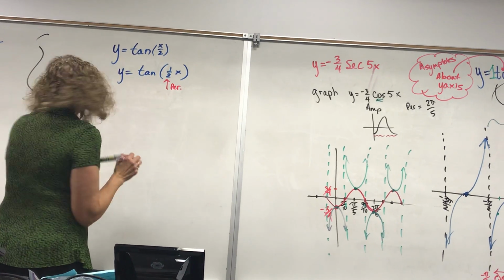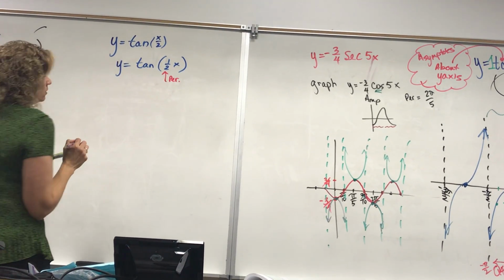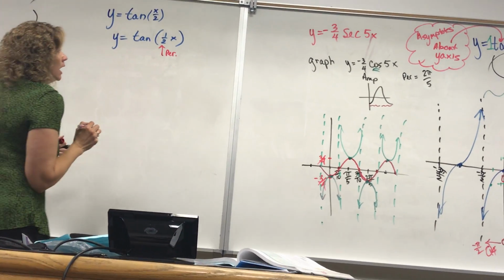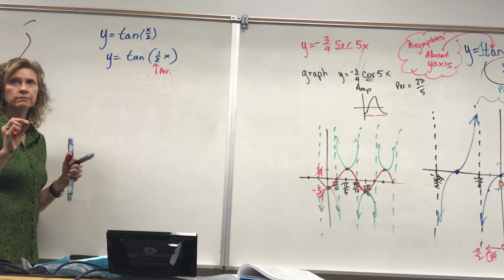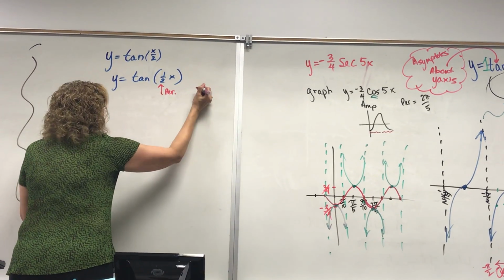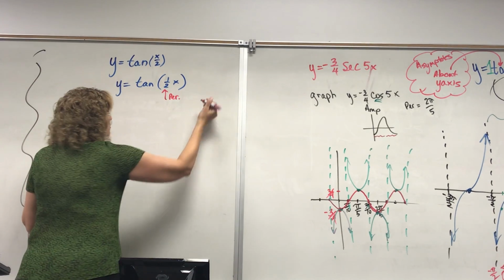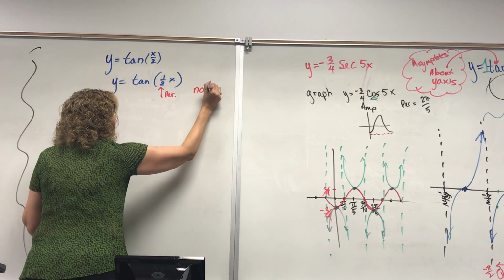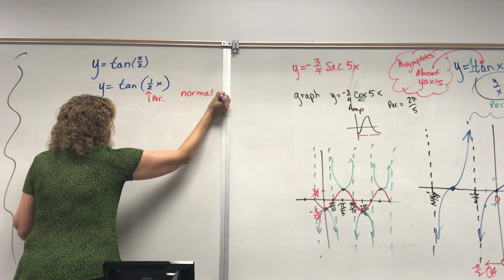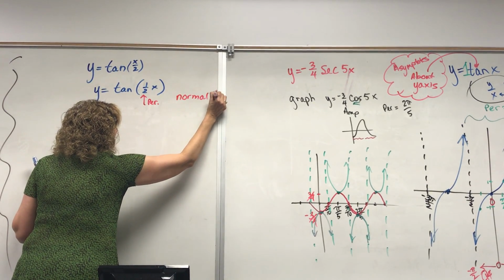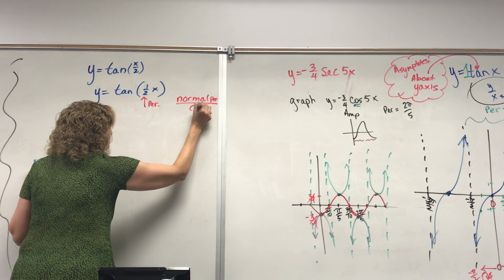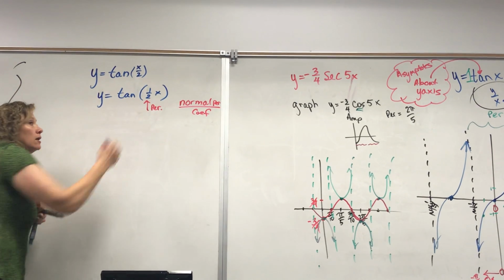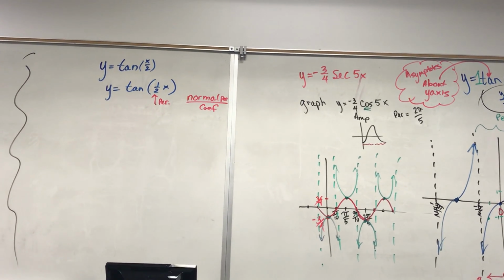How am I going to figure out my period? Just the way we did before, but we're not going to say 2 pi. If you always keep in mind, normal period length divided by that coefficient. Now normal for tangent is not 2 pi anymore.